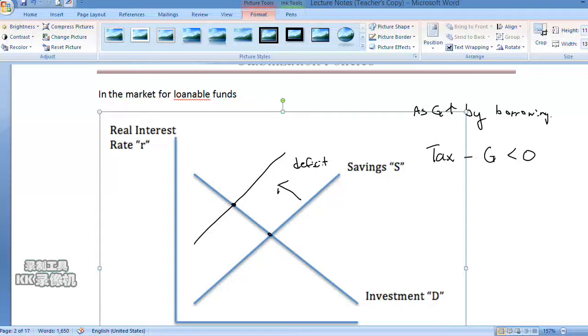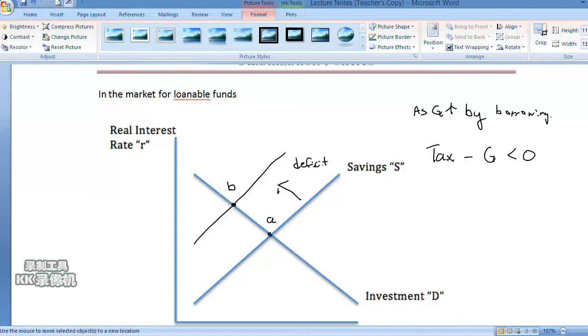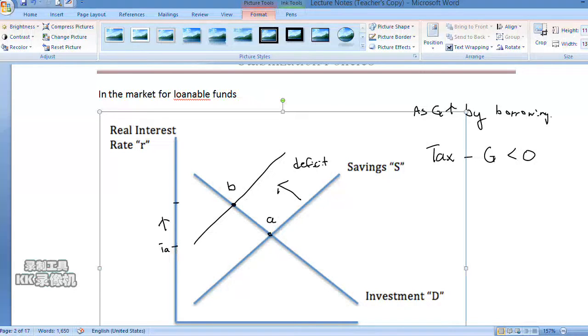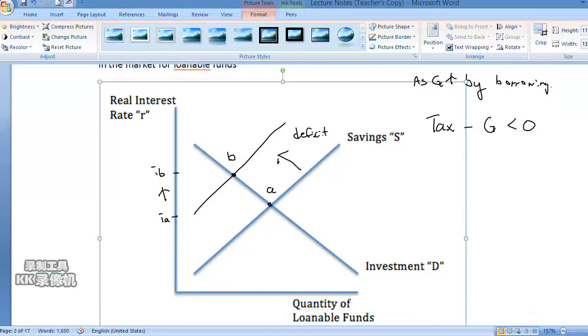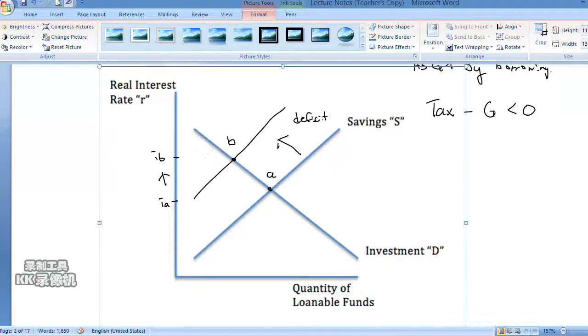So what we are going to see here is that the interest rate is going to increase. And again, we are just assuming these investments equals to savings. So investment is going to decrease.